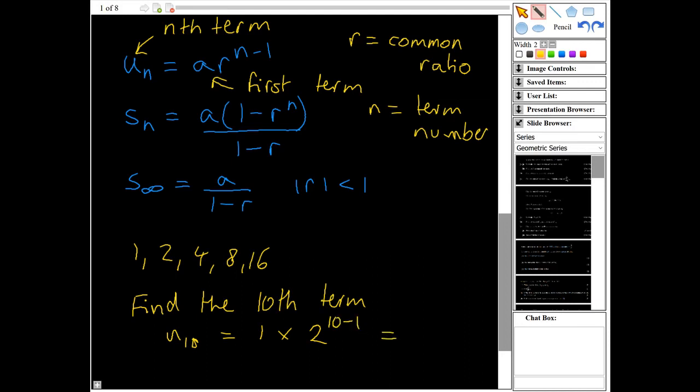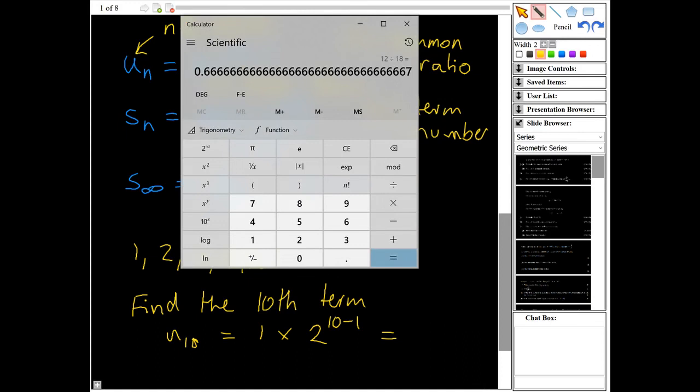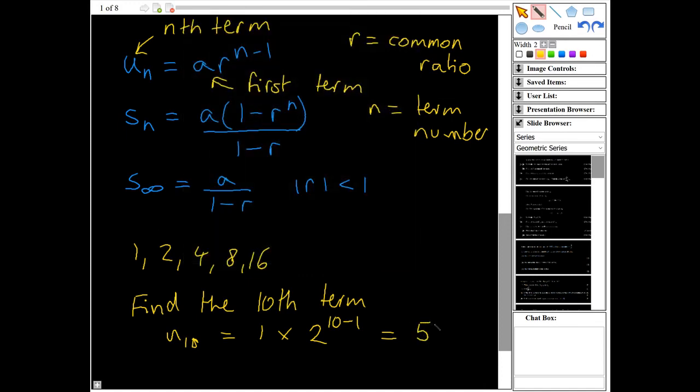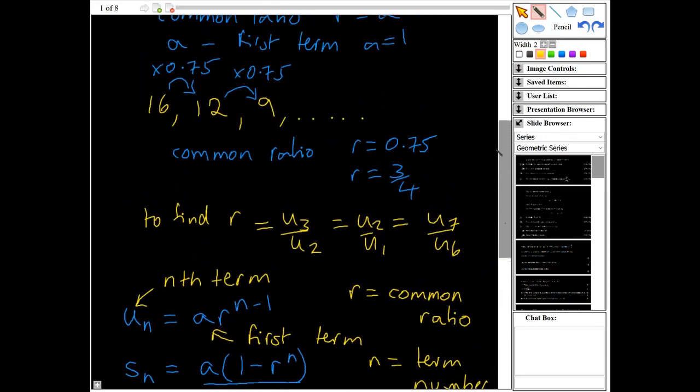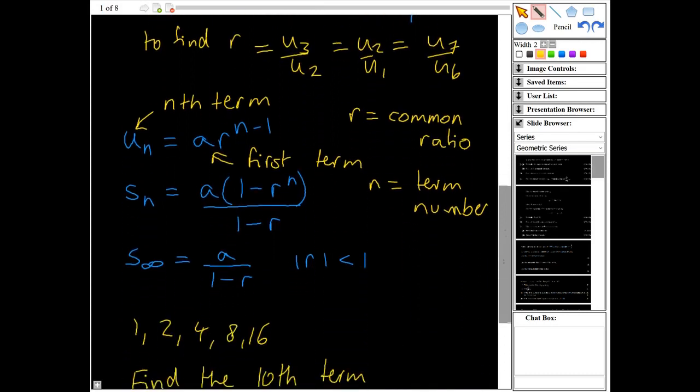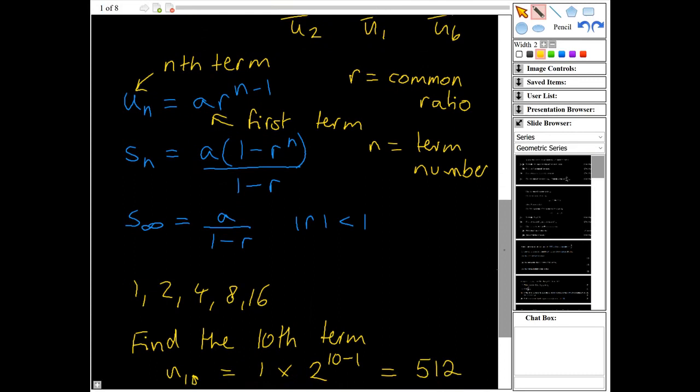So that would be 2 to the power of 9, which I can work out here, 2 to the power of 9, 512, and then multiplied by 1. So that would be equal to 512. Okay, if I wanted to work out for the 10th term for the other one, I would do the same idea. I would just start with a as 16, and then I'd start with r as 3/4 or 0.75, and I'd work it out in exactly the same way.